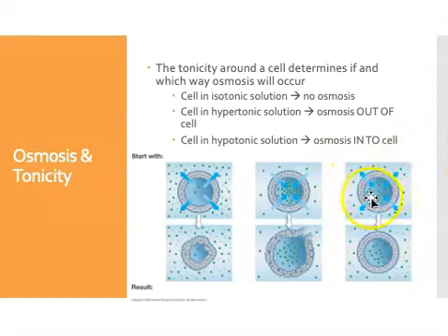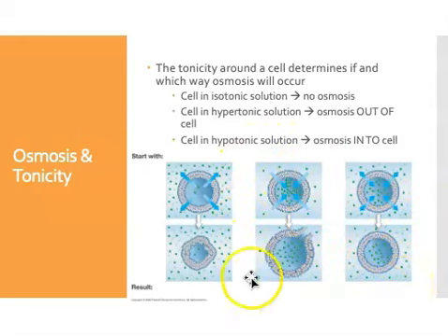There's no concentration gradient. And if there's no concentration gradient, there is no net movement of water, either into or out of the cell. The cell is sitting perfectly happy. No water shifts are occurring because it's in an isotonic solution.